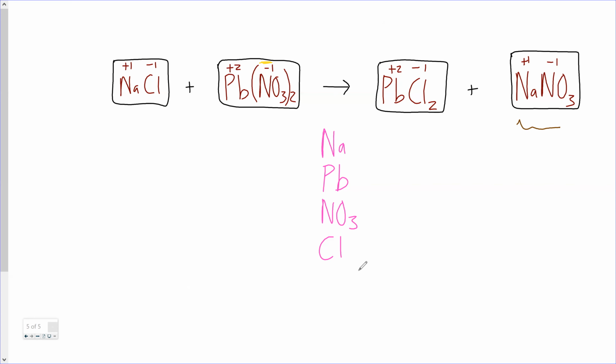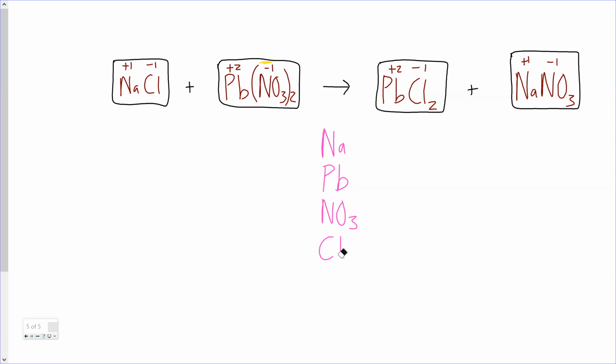Just make sure you are careful when you're counting, because if you start to balance this and you're like, I cannot get this to work, you've either done one of two things. Either you're counting wrong, or more than likely one of your formulas is wrong. All right, Eric, can you give me the count for sodium on both the reactant and the product side?